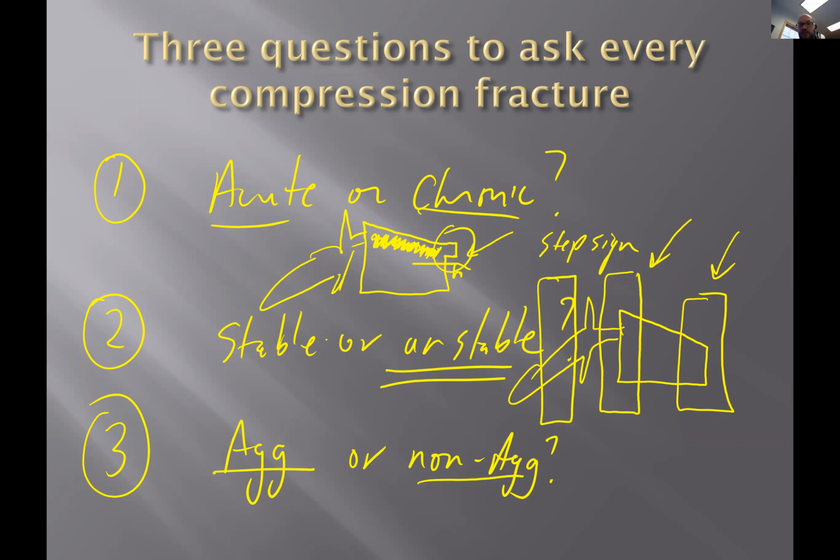And here's how you tell radiographically. I'm just going to give you two ways. Number one, if the anterior vertebral body height and the posterior vertebral body height is compressed the same, in other words, it's almost vertebra plana or a pancake vertebra, I think that's a red flag.